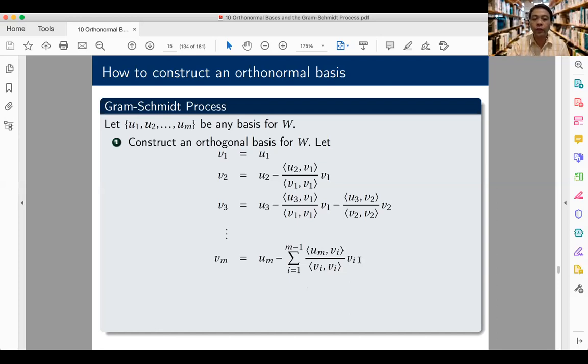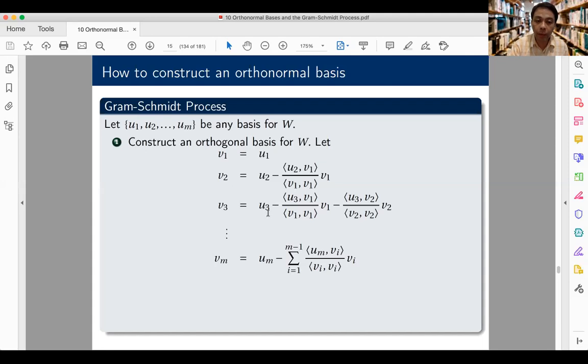And once you have the orthogonal basis for W, ang sabi dati, no, if you have an orthogonal set, automatically it is linearly independent. So linearly independent ito kasi wala namang zero vector dito. And also, it has m elements. And we said before that a maximal linearly independent set is also a spanning set. Okay? And it is also a basis.